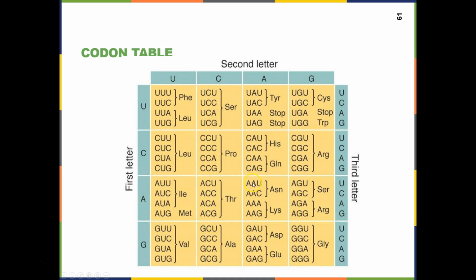To find the last letter, we go over here, and we go UCAG, G. Methionine is AUG. That's as easy as it gets, reading these tables. You don't have to memorize a codon table. I will probably have a couple questions, and I'll give you the codons that you need, so you don't have to worry about that.